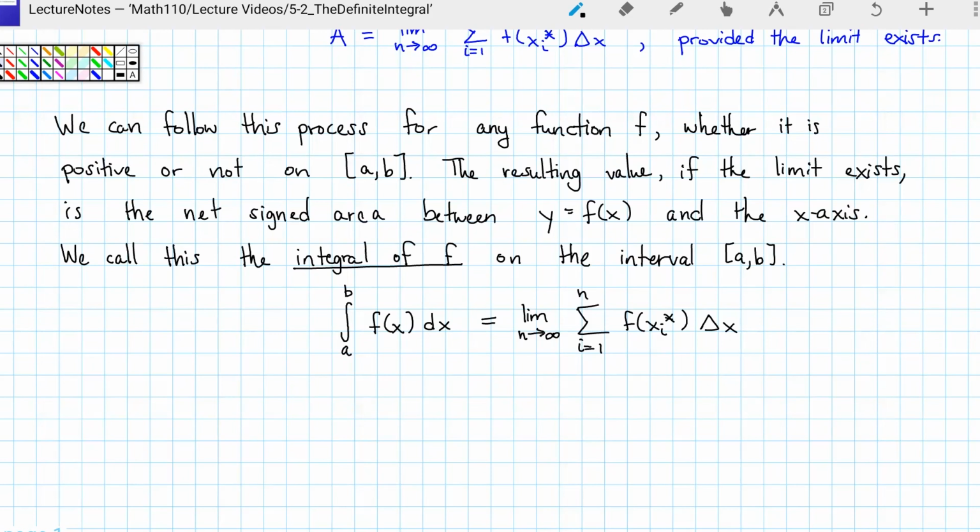Alrighty. A little note, I keep saying provided the limit exists. And so I will note that these limits will exist anytime that f is a continuous or piecewise continuous function.